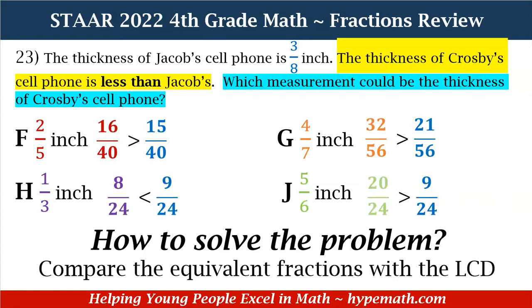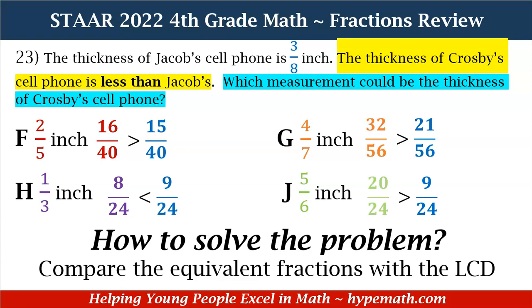Now that we have all of our equivalent fractions, what we need to do is look at our answer choices. And remember, we're looking for the answer choice where Crosby's cell phone is less than Jacob's cell phone. Jacob's cell phone, the equivalent fractions are in blue.